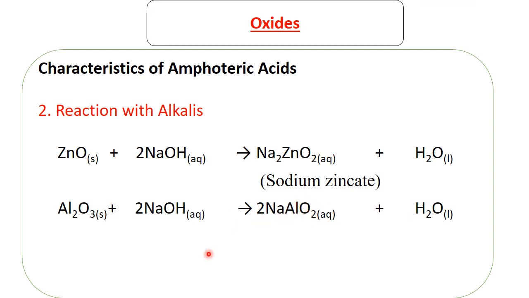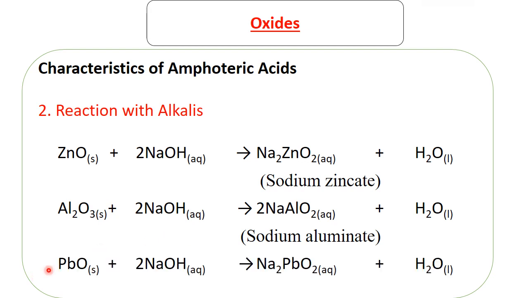This salt also has a special name: sodium aluminate. Finally, we have lead oxide reacting with sodium hydroxide to form this salt and water. This one is called sodium plumbite. So these are examples of neutralization reactions in which amphoteric oxides behave as acids and react with alkalis. I wrote amphoteric acids instead of oxides.